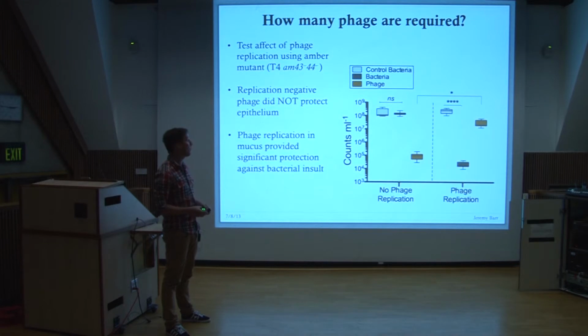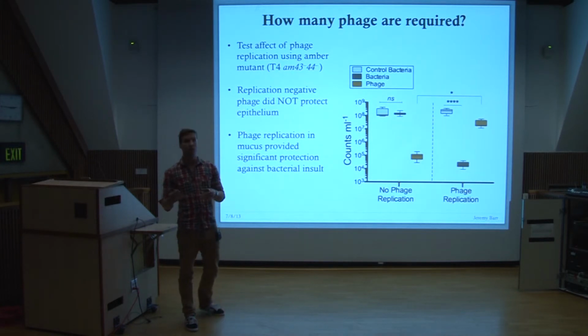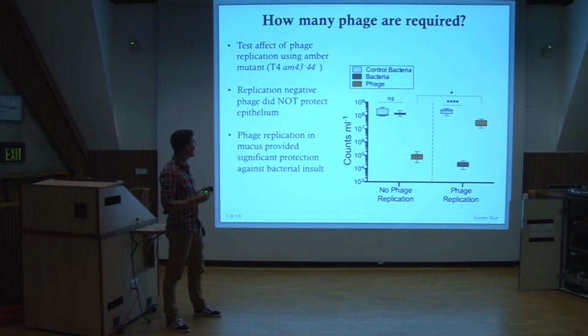This is compared to the same experiment with our wild-type phage that can infect and replicate, where we have a significant reduction in the number of bacteria, and we also have significant virion production. So this suggests that we only require a very low number of phage within these mucosal surfaces to actually enable these protective effects, which are caused by phage replication and amplification.